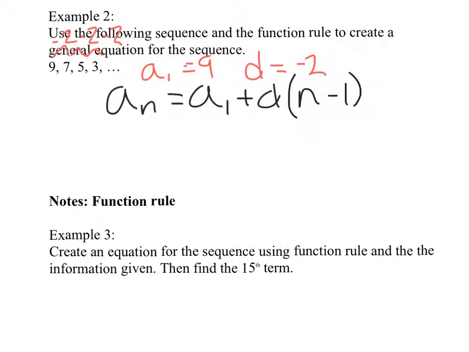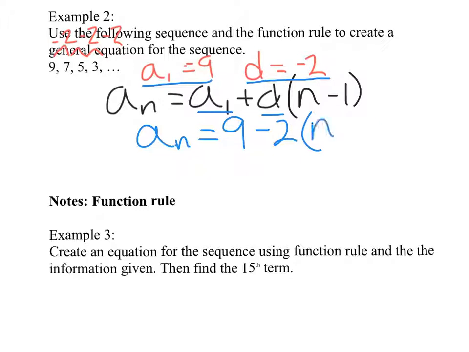We plug in our numbers again: A sub n equals our A1, which is 9, plus D, which is negative 2. So we put minus 2, because plus negative 2 is the same as minus 2, times n minus 1. So that's our explicit formula.